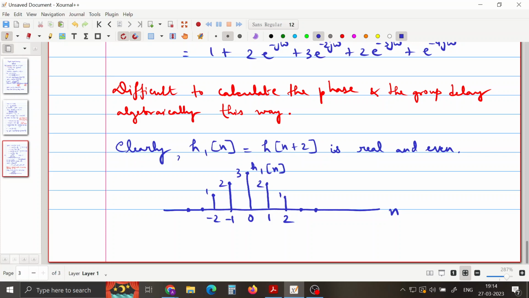Can you comment on the Fourier transform of h1 of n? If the time domain sequence is real and even, what nature does its Fourier transform have? Any guess?